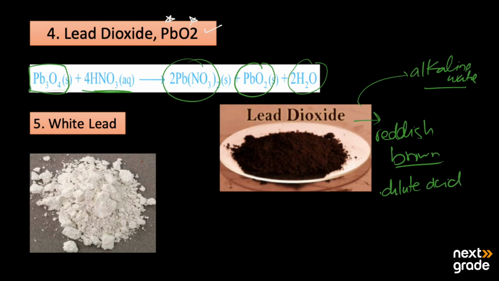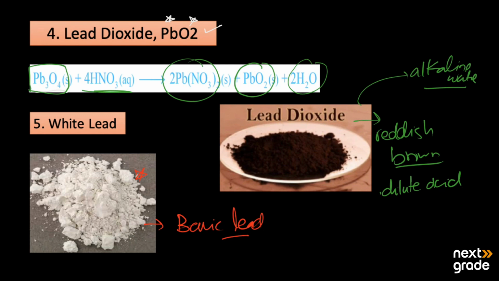After lead dioxide, here we have the white lead. The white lead is called the basic lead. It is basically an amorphous white pigment which is frequently used in many varnishes as well.